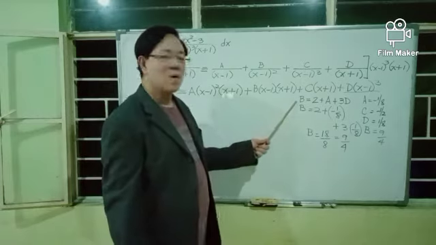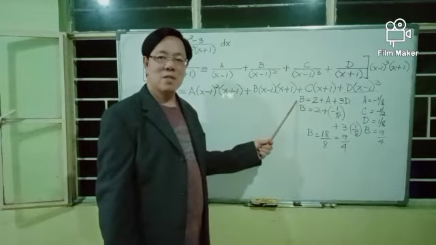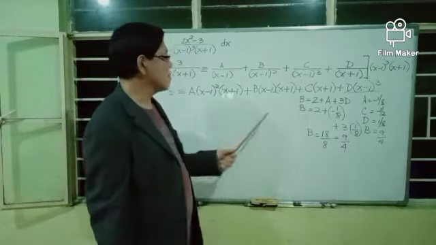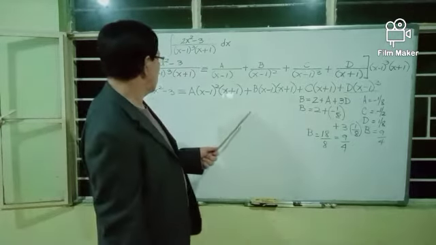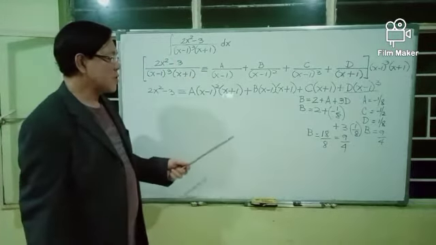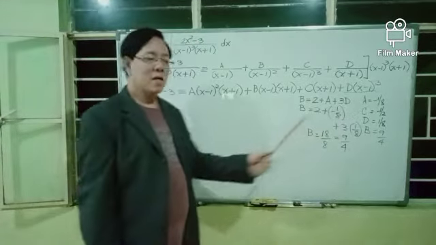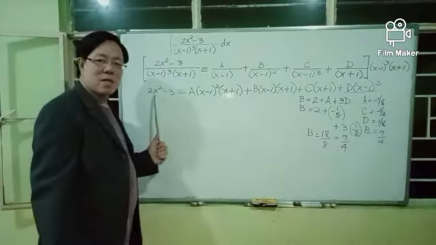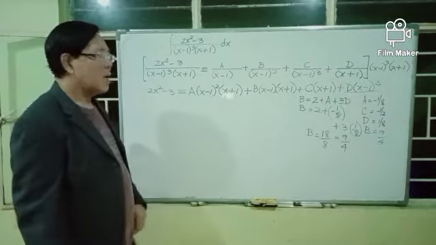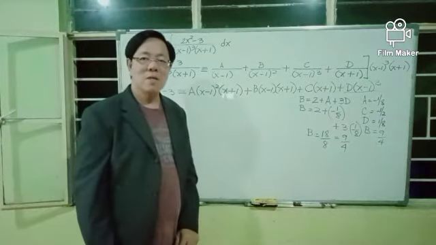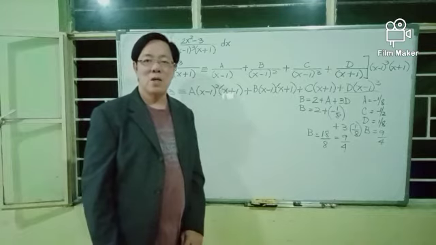This equation we obtain by taking the coefficients of x squared and equating the coefficient of x squared at the right hand side with the coefficient of x squared at the left, which is 2.